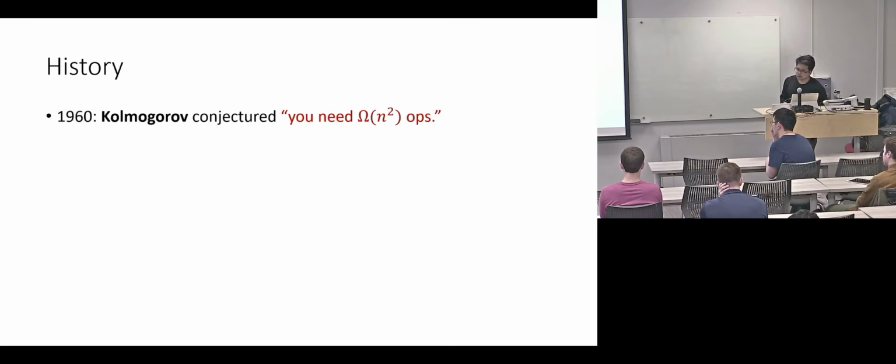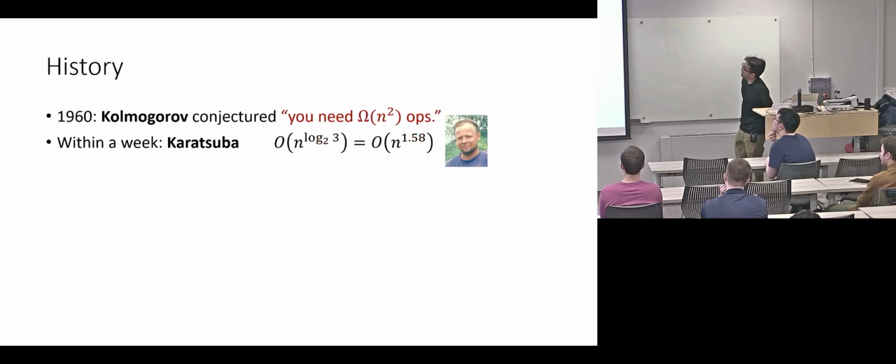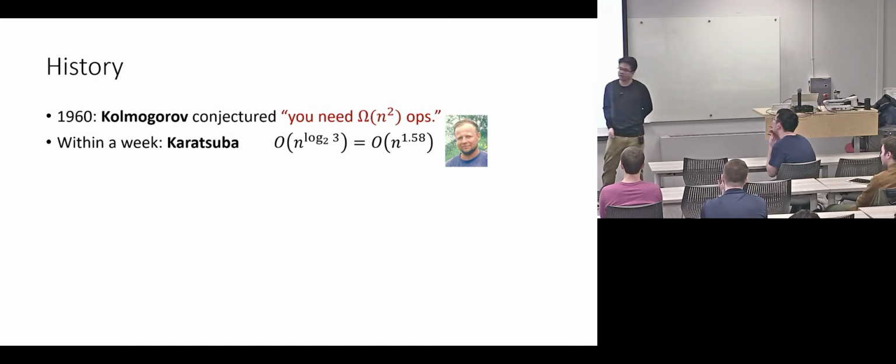So he tried to announce a seminar where he would show why you need n squared operations to multiply 2 numbers. It turns out that within a week, one of his students called Karatsuba discovered a way to multiply 2 numbers in a faster running time, which is n to the 1.58.